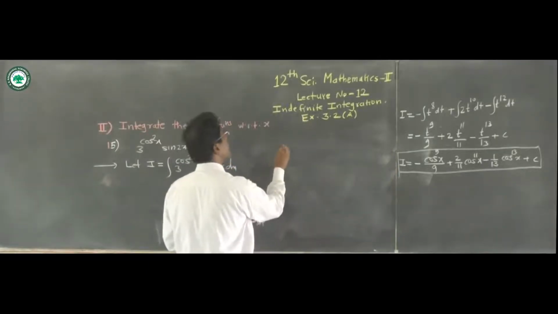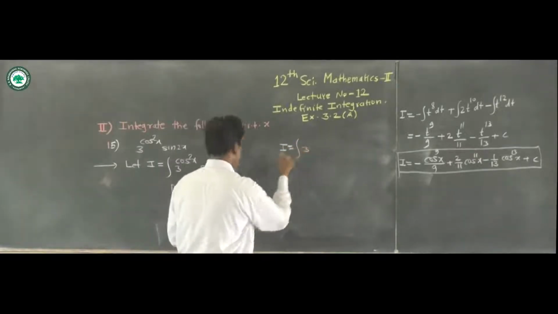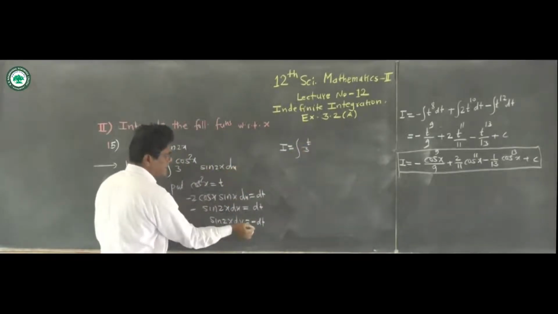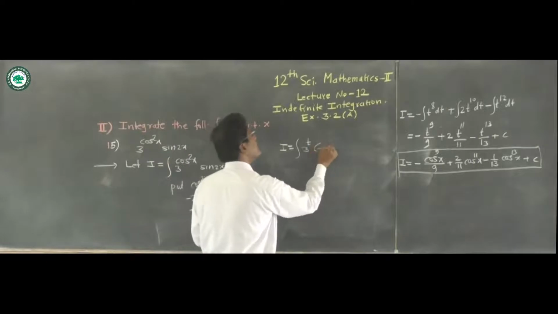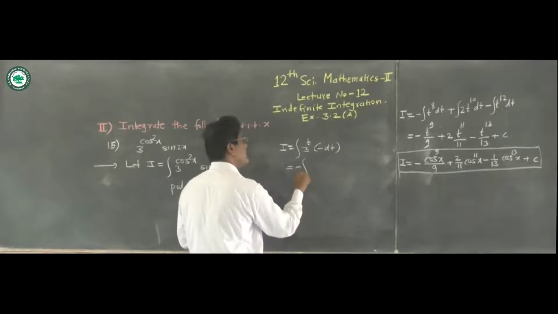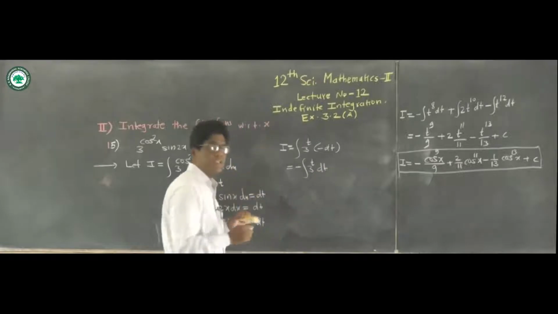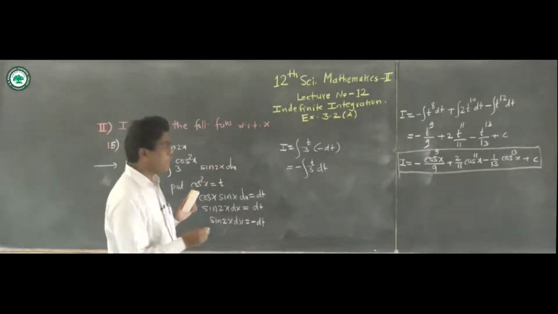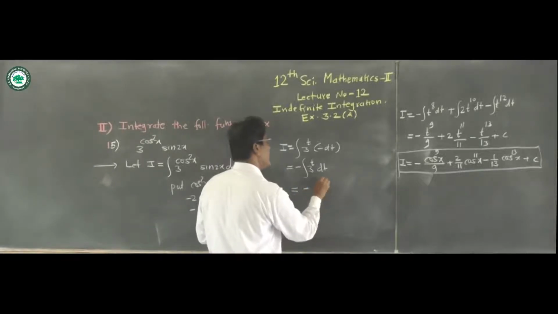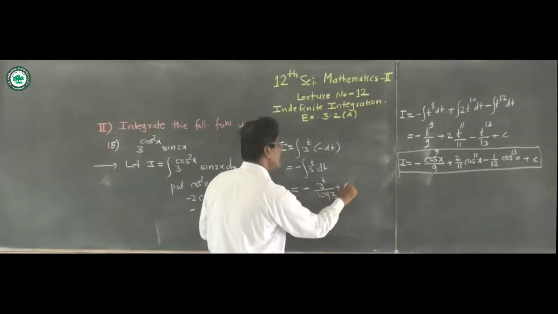I is equal to the integration of 3 to the power t, and this sin of 2x dx is replaced by minus dt. Now take this minus sign outside the integral, so minus integration of 3 to the power t dt, and we know the integration of 3 to the power t is 3 to the power t upon log of 3, with the minus sign as it is, plus constant of integration.